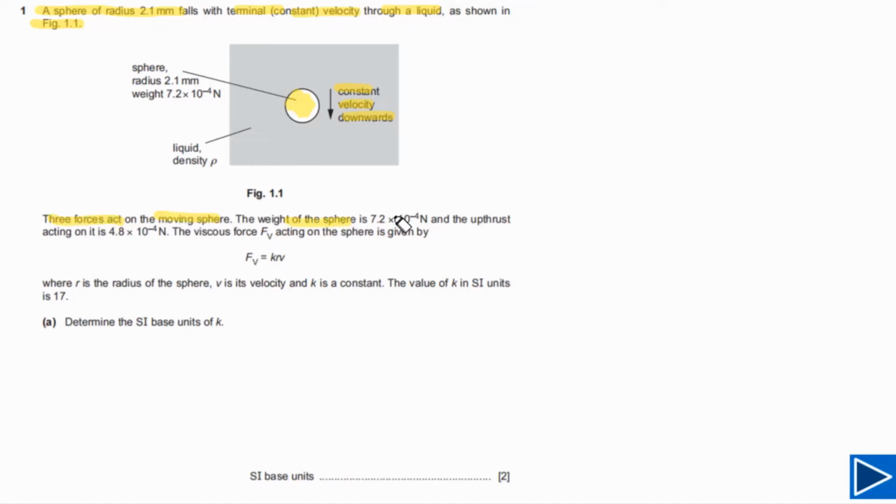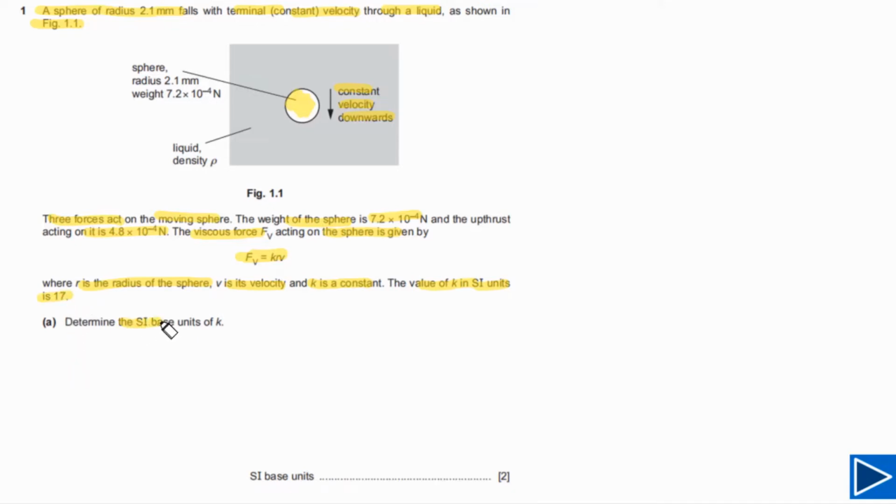The weight of the sphere is given, and upthrust on the sphere is also given. Viscous force Fv acts on the sphere, and we can calculate Fv using this formula. In this formula, r is the radius of the sphere and v is the velocity. K is a constant and the value of K in SI units is 17.